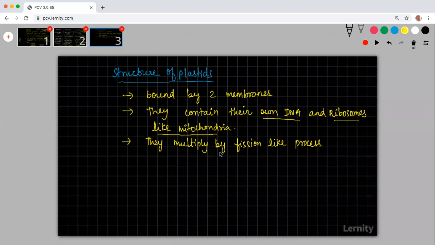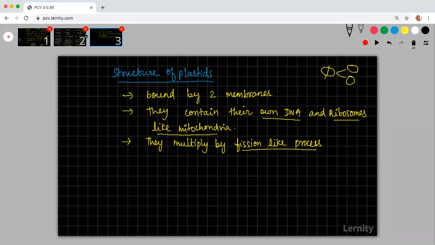They are capable of fission-like process, which means one plastid can give rise to two plastids by binary fission. It can grow, it can split, and give rise to smaller plastids. So these are the important points as far as plastids are concerned.